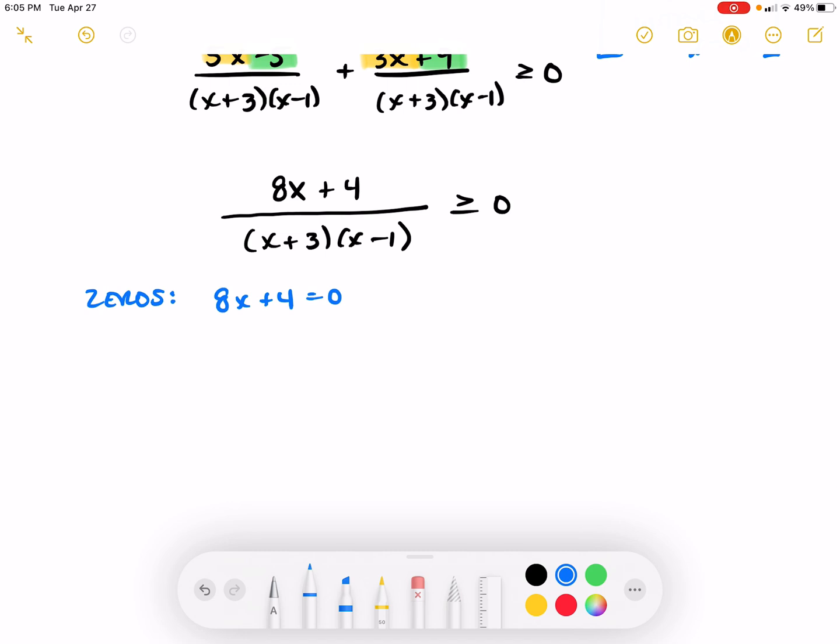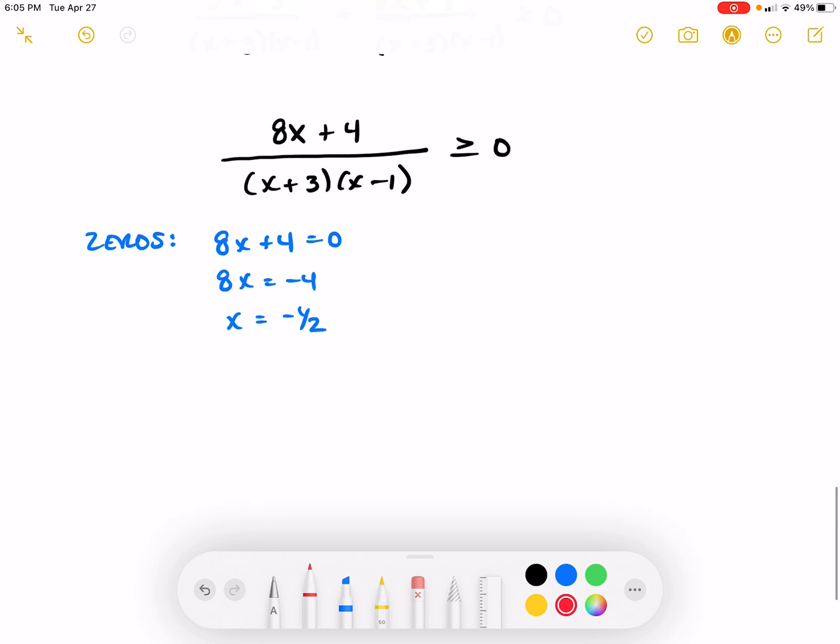And I notice that I don't have any holes. That's the only thing you got to be careful of is, if I factor this out, I don't have a repeating factor. Just be careful with the numerator, because if that factor occurs in the numerator and the denominator, it's undefined. So we got 8x equals negative 4, x equals negative 1/2 is the 0.